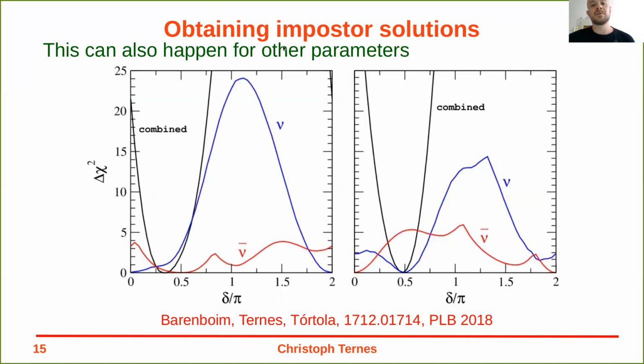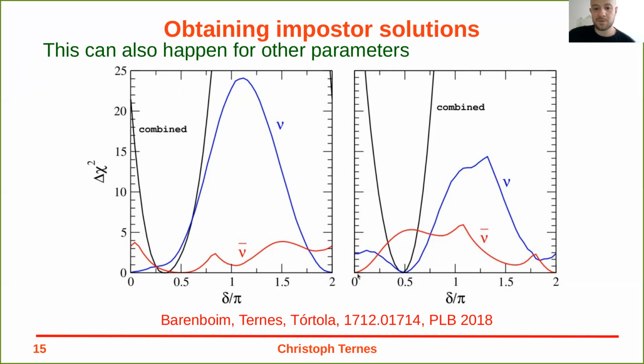This can also happen for other parameters, as shown here for two scenarios of data. In the left panel, we have created the data with delta equal to 0 for neutrinos and 0.5 pi for antineutrinos, and on the right side, vice versa.